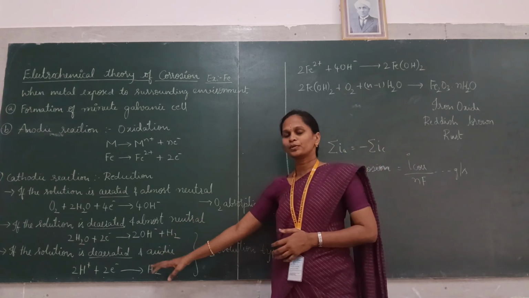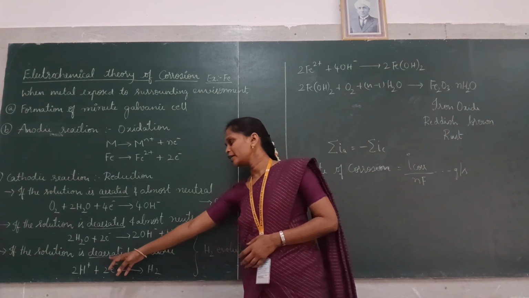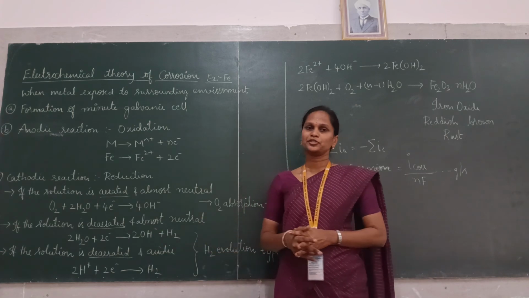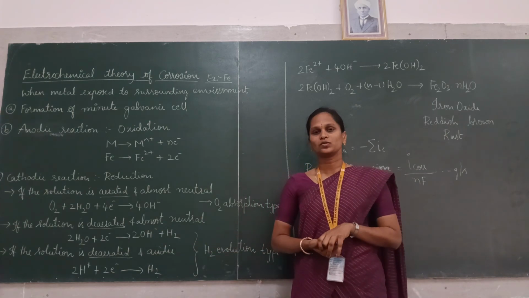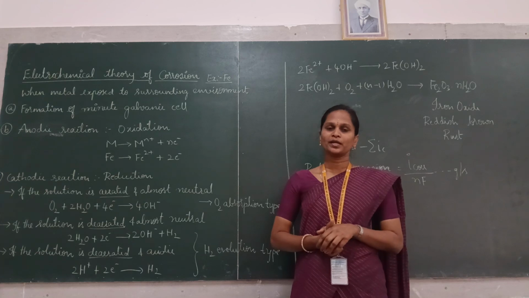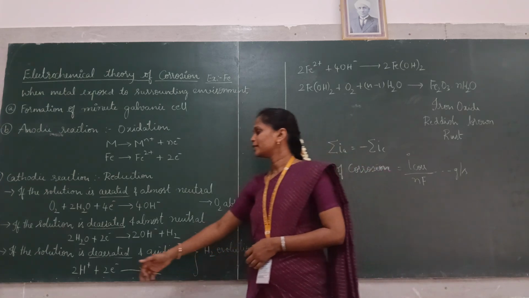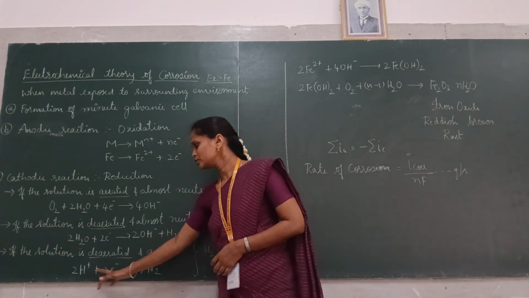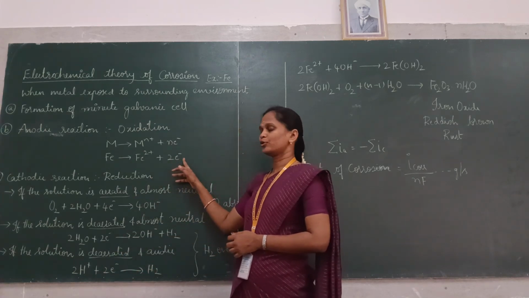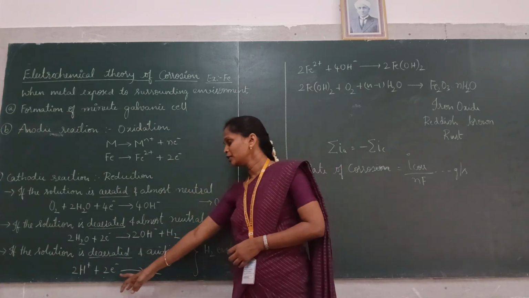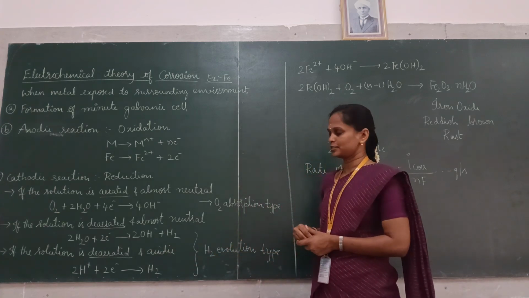One more possible condition is the de-aerated condition that is acidic in nature. Again you are not using oxygen, but the surrounding environment is acidic. So you use H+ ions and the electrons which come from the anodic reaction, and you get hydrogen gas.